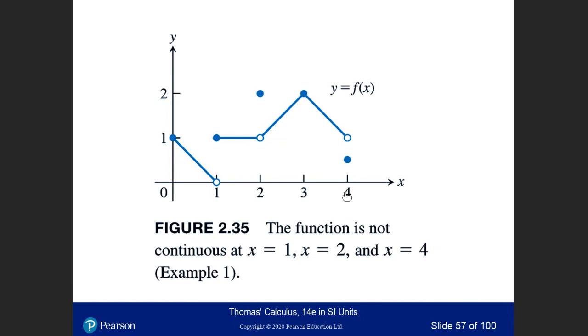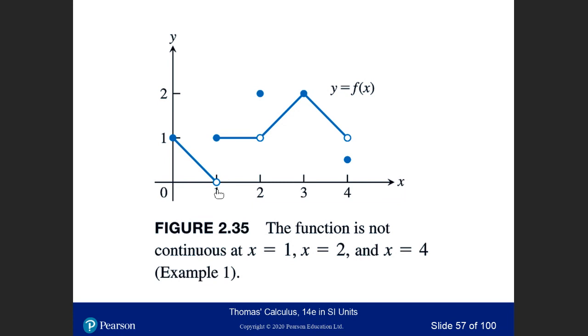Now here, when you look at 0, as you approach 0 from the right-hand side, the limit is 1, which is equal to the value of the function. So it's right continuous at this point. This function at 0 is right continuous. Now let's look at point 1.